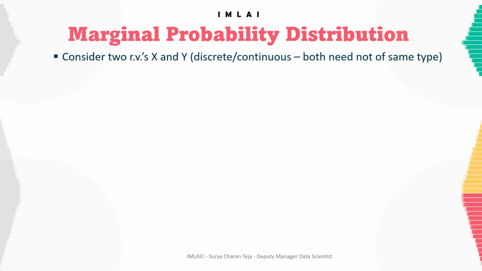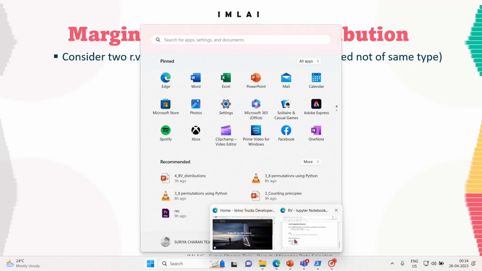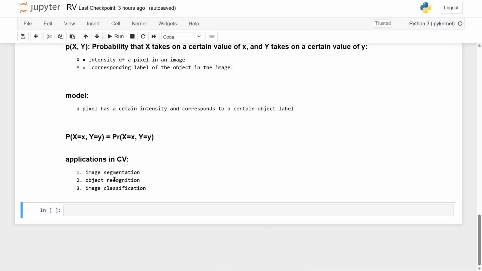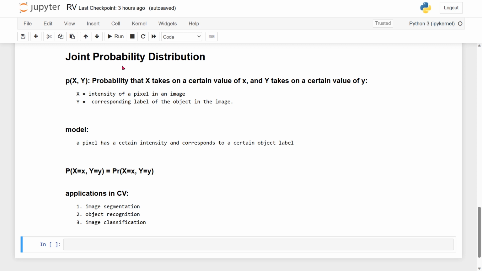In computer vision, suppose we have a joint probability distribution of two random variables, capital X and capital Y. We took this example in a previous case, so we can follow up with the same example. Capital X represents the pixel intensity, and capital Y represents the object labels.